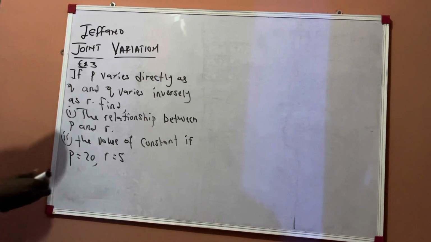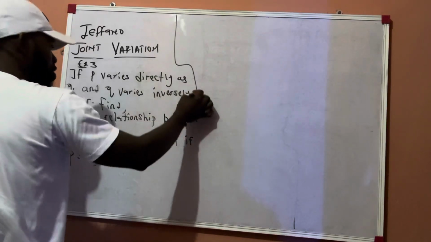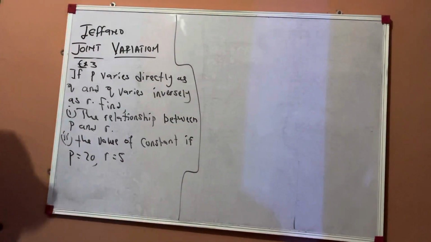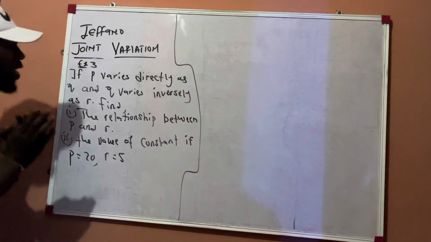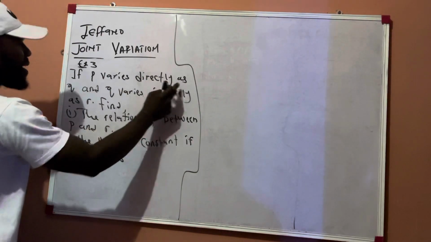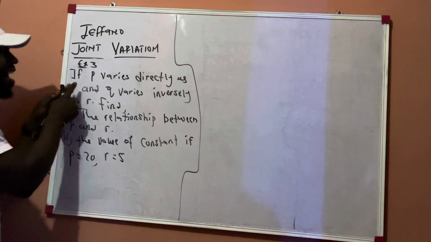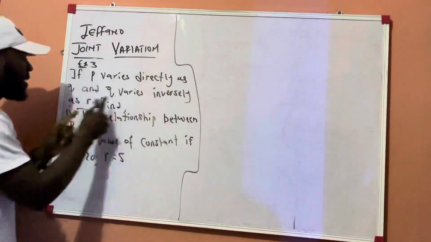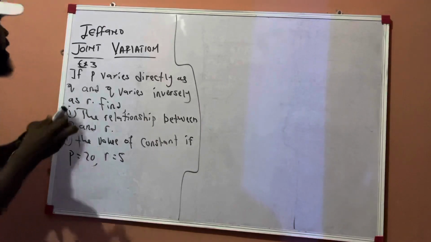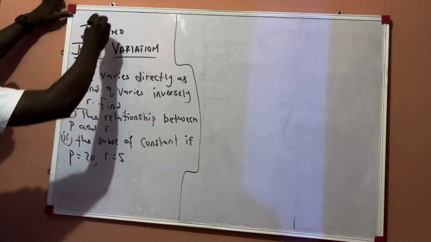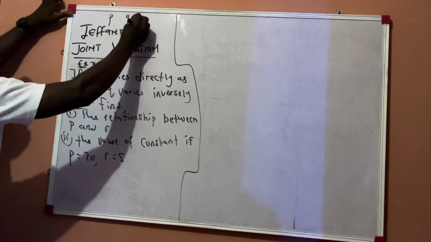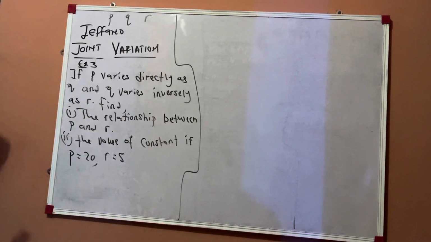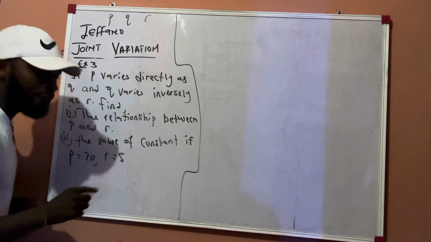Now, but I want to bring something to your notice. Take a look at this question. Initially, the question says, if P varies directly as Q, and Q varies inversely as R. From the beginning of the question, 3 variables were mentioned: P, Q, and R. Now, look what it said we should find.